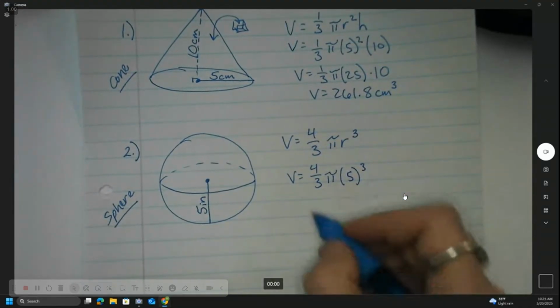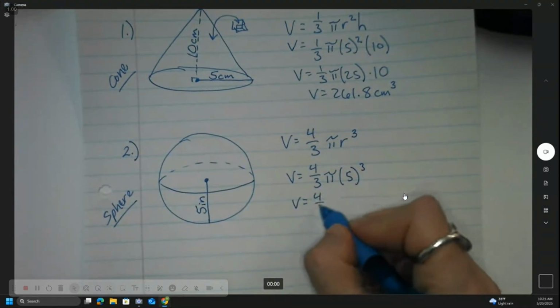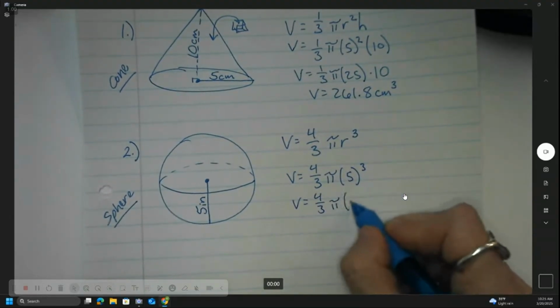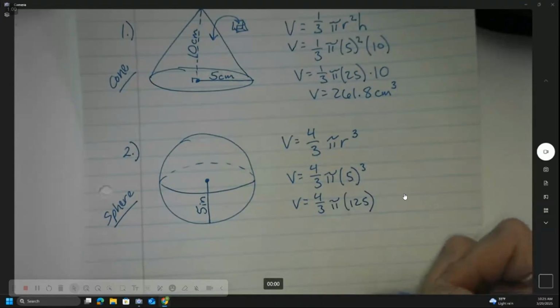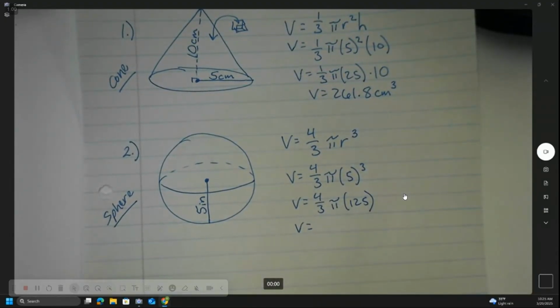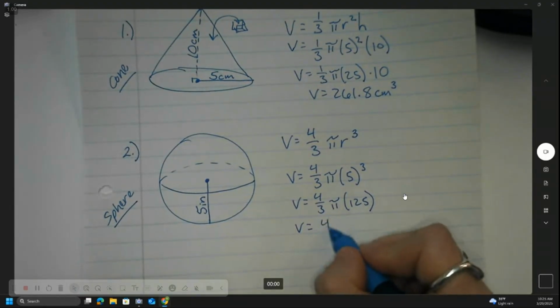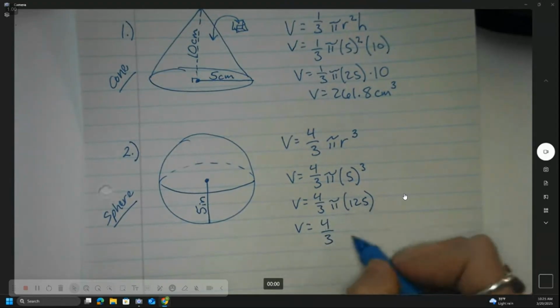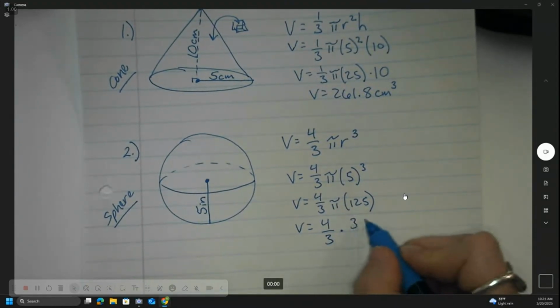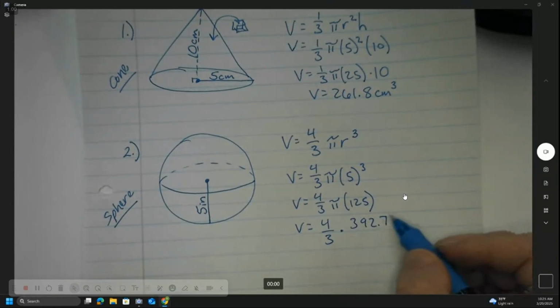Let's solve for the exponents first, following the order of operations. 5 cubed is 125. Then you multiply straight across: 4/3 times pi times 125. I'm going to do this first: 4/3 times pi times 125 is actually 392 7/10.